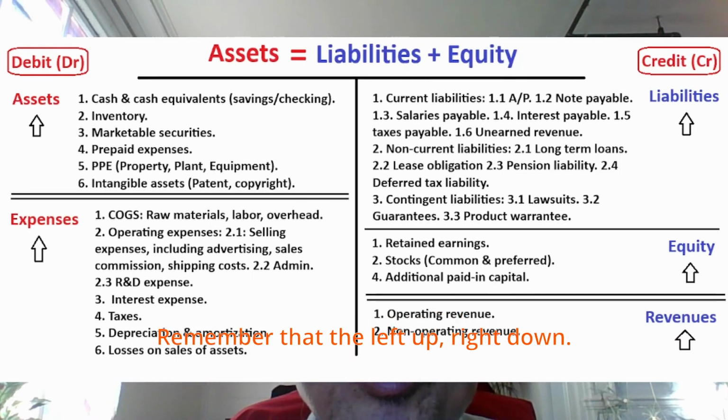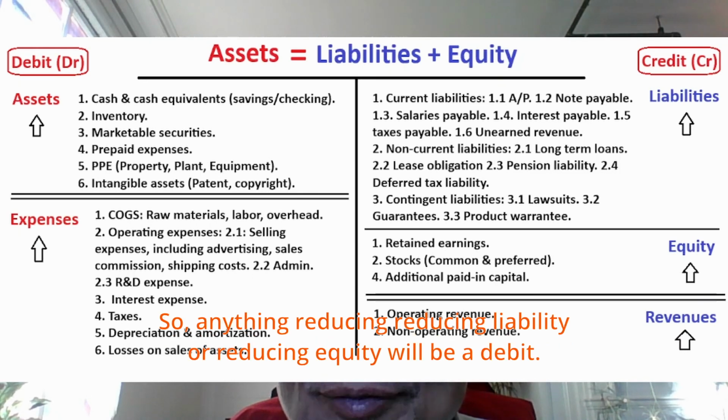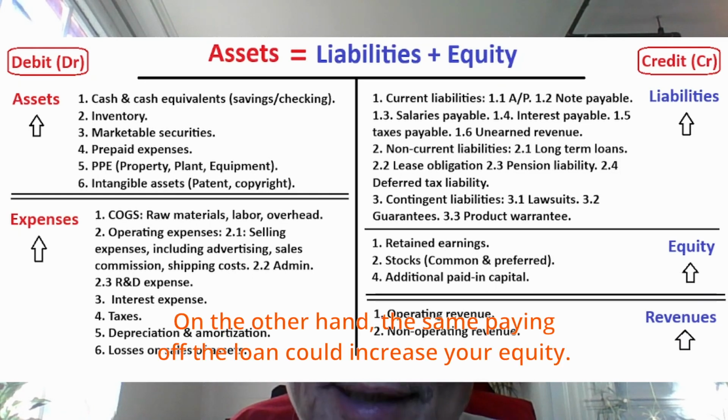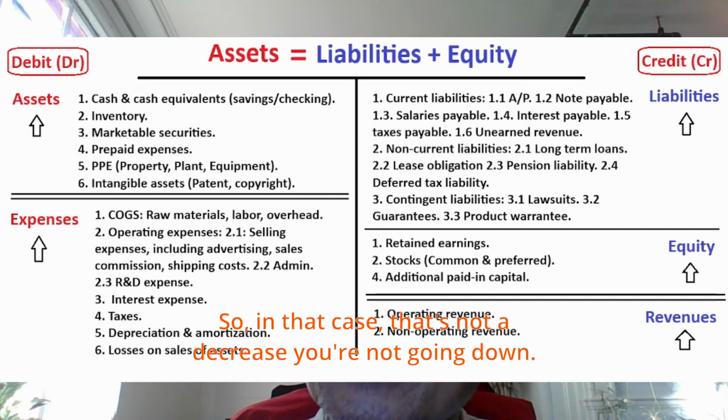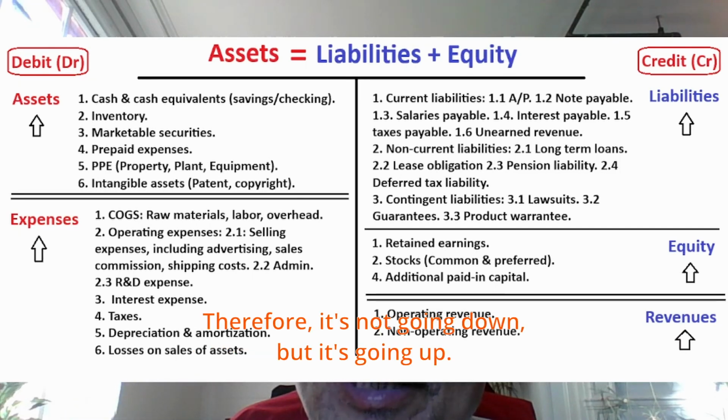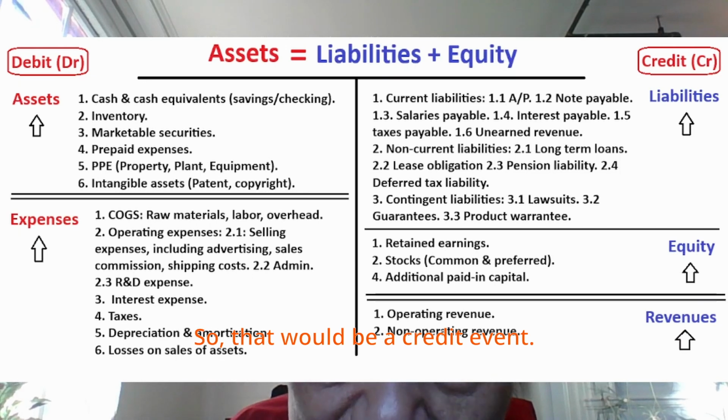Remember, left up, right down. So anything reducing liability or reducing equity will be a debit. On the other hand, paying the loan could increase your equity. The equity is not going down, but going up, so that will be a credit.